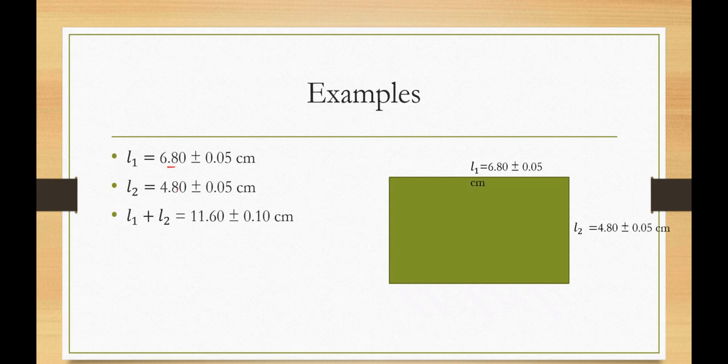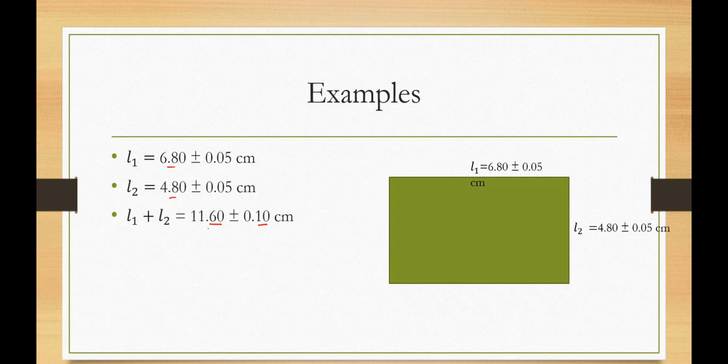We add the measured quantities, giving me 11.60, and we add the absolute uncertainties, giving me 0.10 centimeter. Keep in your mind the decimal place for measured and absolute uncertainty should be the same.